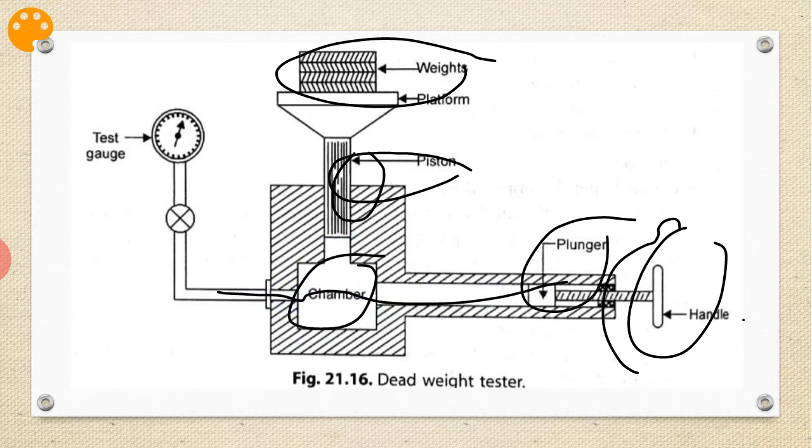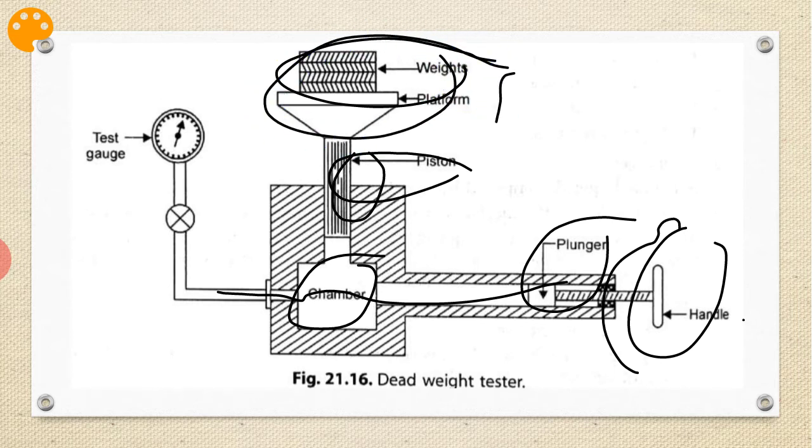Now the working. The chamber and the cylinder of the tester are filled with clean oil. The gauge to be tested is fixed at its appropriate place and the piston is inserted in the cylinder. A weight is placed on the piston.